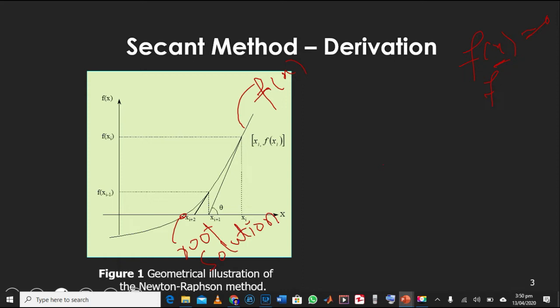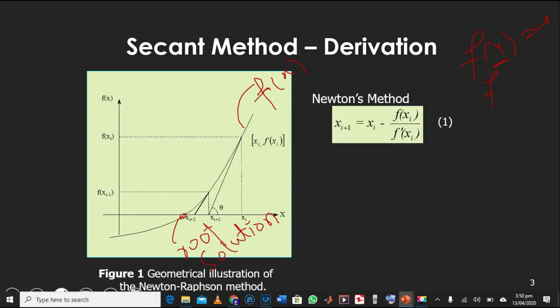To derive the scheme of the secant method, first of all, you need to recall the scheme of the Newton-Raphson method, which we derived in the previous lecture: x i plus 1 is equal to x i minus f of x i divided by f prime of x i.